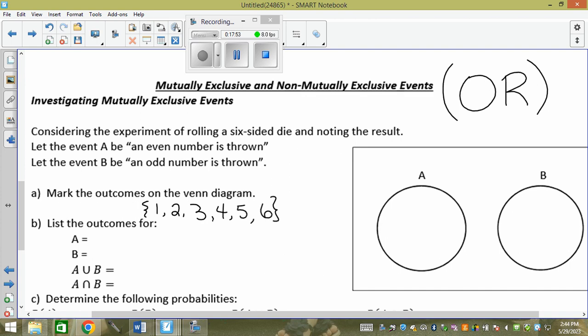So A are the even, B are the odd. So in A I'm going to have 2, 4, 6. And in B I'm going to have 1, 3, 5.